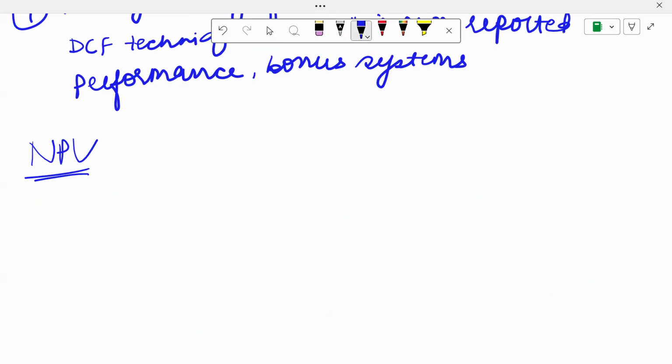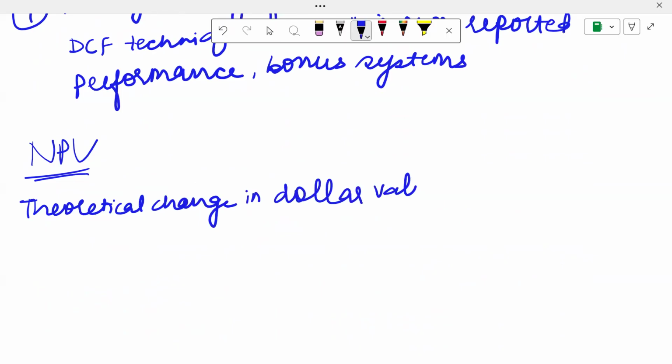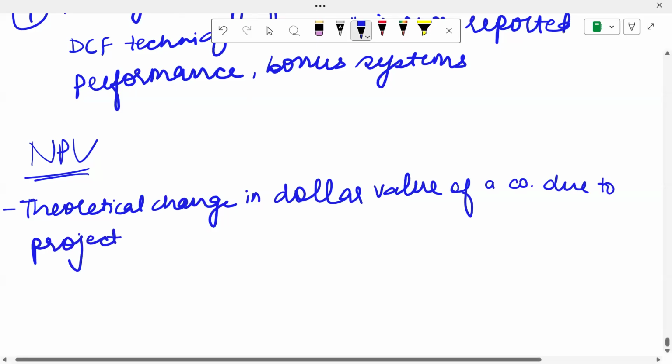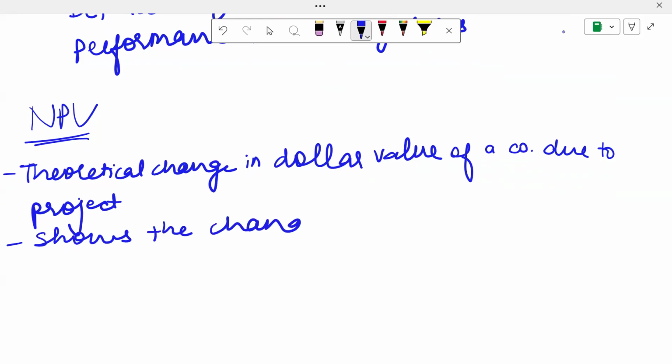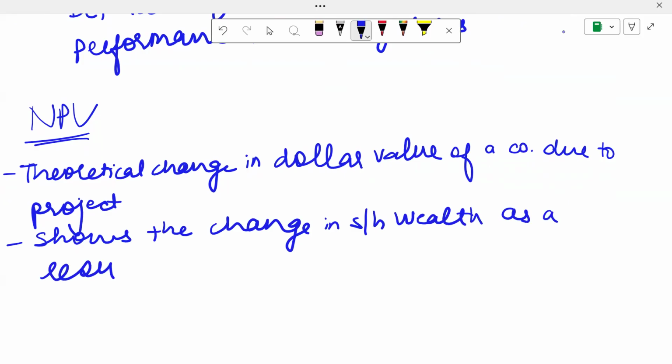If you want to define NPV, it's a theoretical change in the dollar value of a company due to taking that project. Also, another characteristic is that your NPV shows the change in shareholder wealth as a result of taking the project.